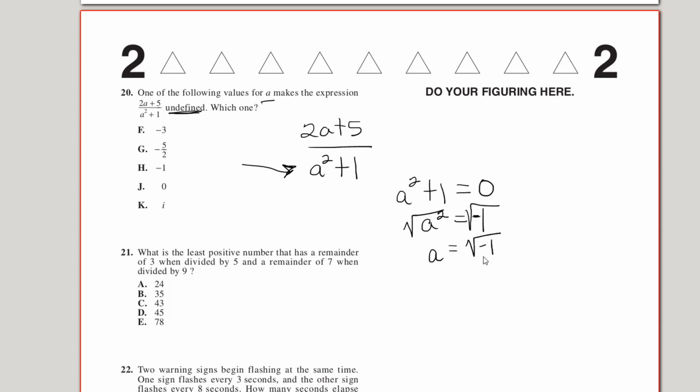Hopefully, though, you've had some experience with taking the square root of a negative number, and we know that the square root of -1 is equal to i, the imaginary number, and that is one of our answer choices, K. So this expression is going to be undefined when a is equal to i.